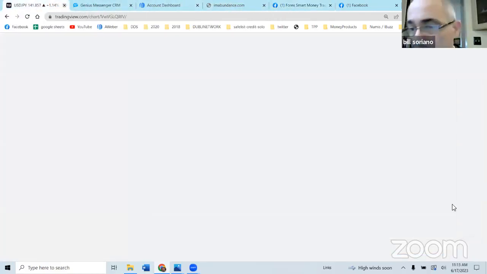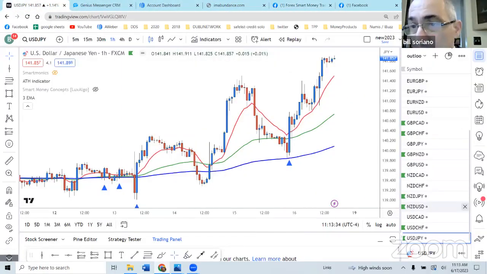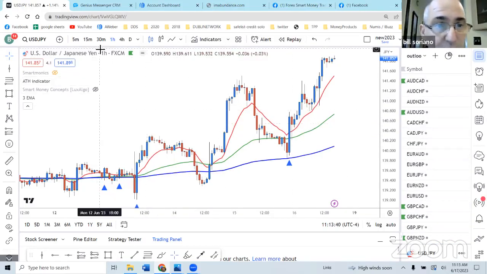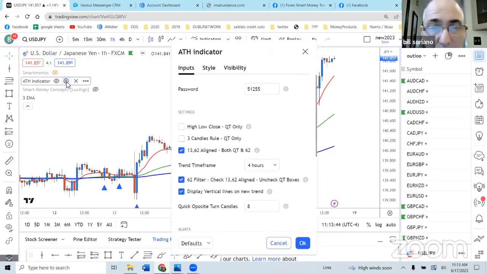deals with, let me just pull up my TradingView account here now, and I have this watch list here set up for the 62. So here's our ATH indicator right here. We have this set for the 13 62 to be aligned. That means you're not going to get any ATH indicators unless the 13 and the 62 are aligned on both the chart you're on and your trend chart, which in this case is the 4-hour.